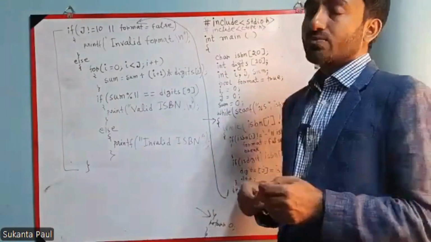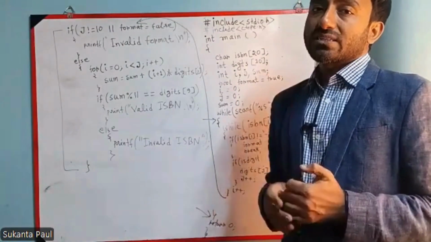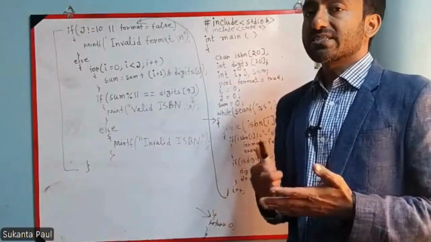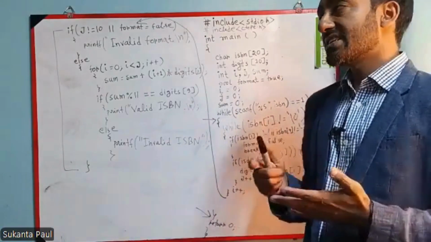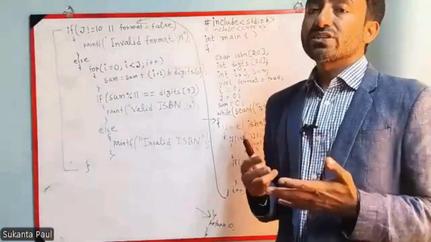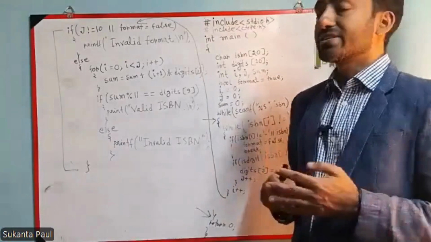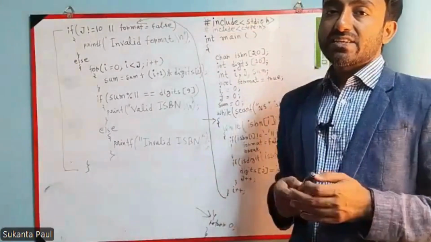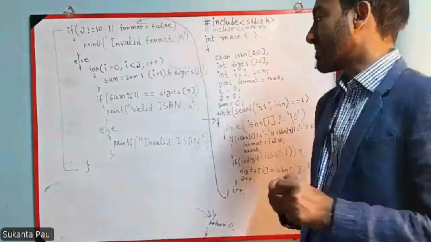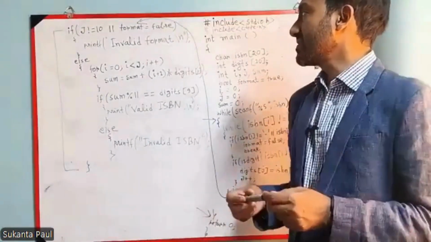Otherwise, if it is a valid format, we have to check whether it is a valid ISBN or an invalid ISBN. If it is a valid ISBN, we need to print valid ISBN. If it is not a valid ISBN, we need to print invalid ISBN.